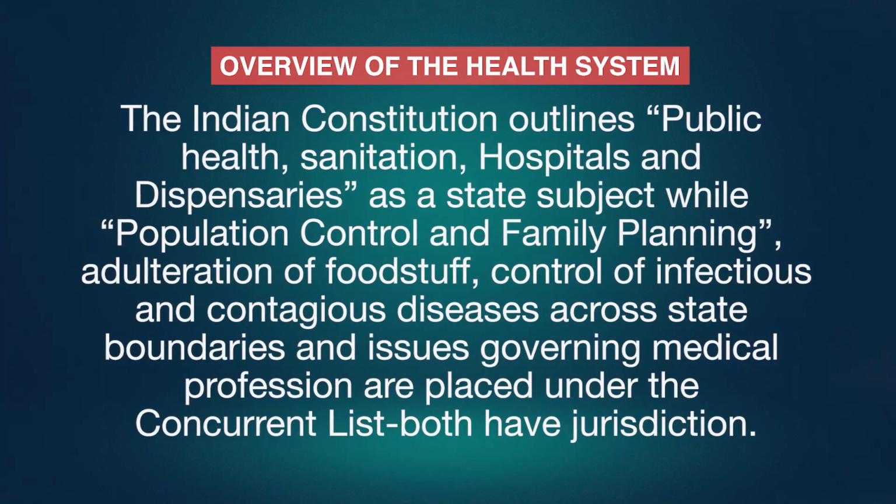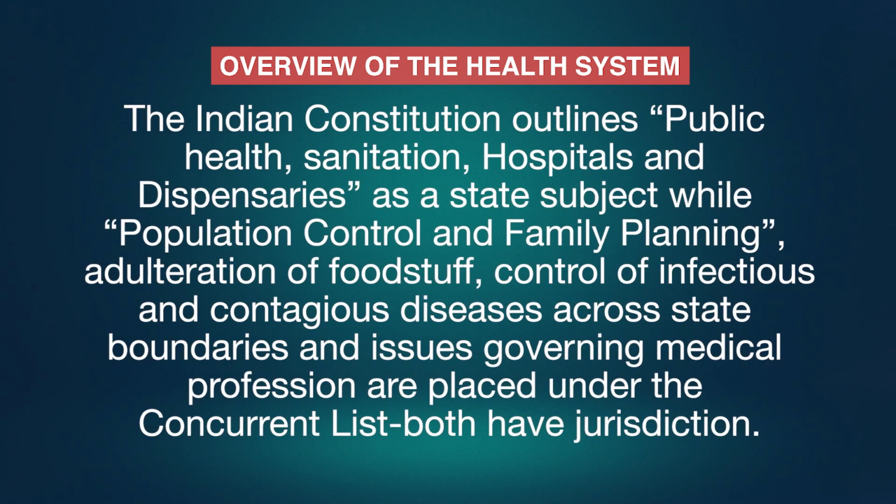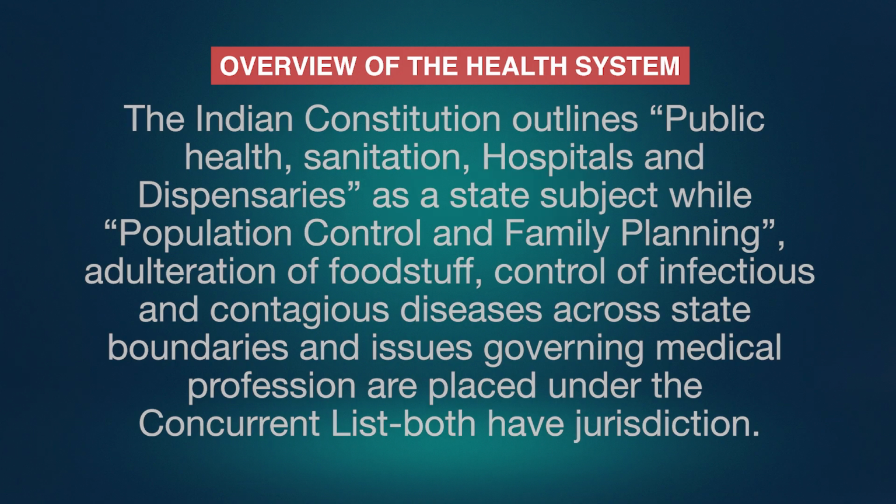The Indian Constitution outlines public health, sanitation, hospitals and dispensaries as state subjects, while population control and family planning, adulteration of foodstuff, control of infectious and contagious diseases across state boundaries and issues governing the medical profession are placed under the concurrent list, where both the center and the state have common jurisdiction.